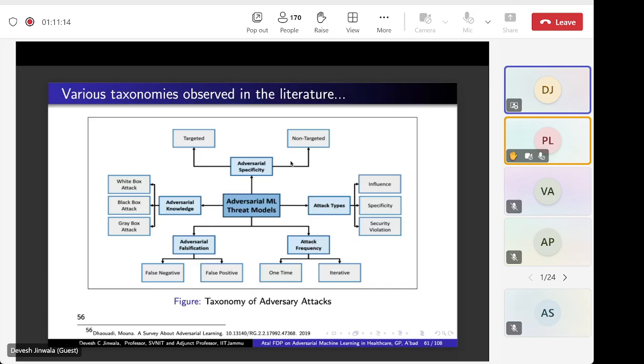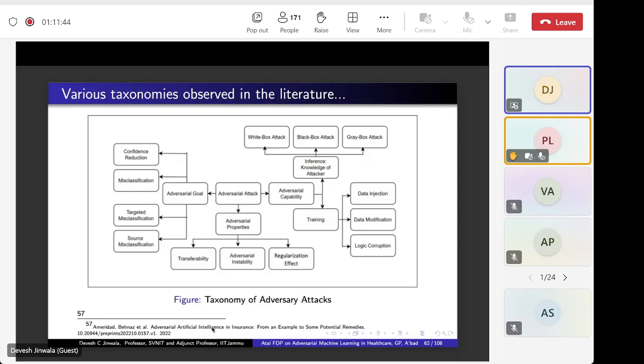The frequency of the attack, whether it is a one-time attack or an iterative attack, whether it is generating a false negative or is aimed at generating a false positive. That is adversarial falsification. So combining all these different diagrams, the general taxonomy, the general attack types which one should study, are shown in this particular diagram. I have cited this, actually it's wrong. It's drawn by me in PowerPoint. So this citation is a mistake.